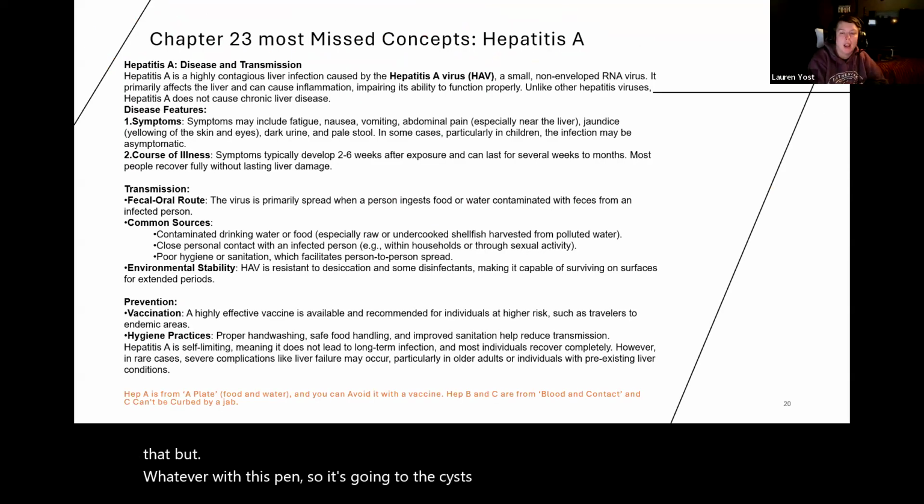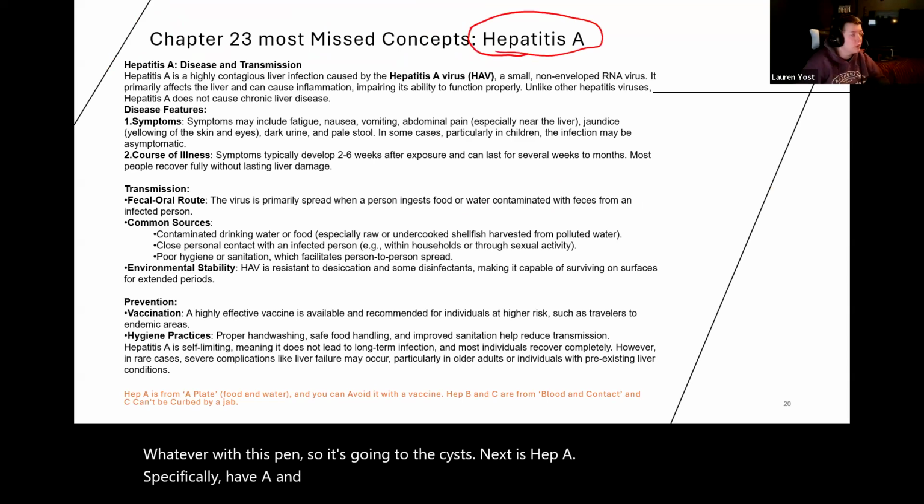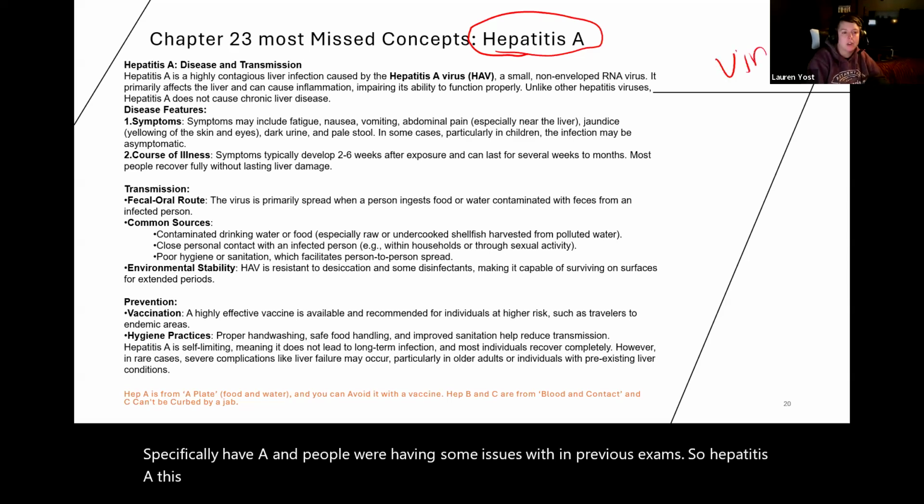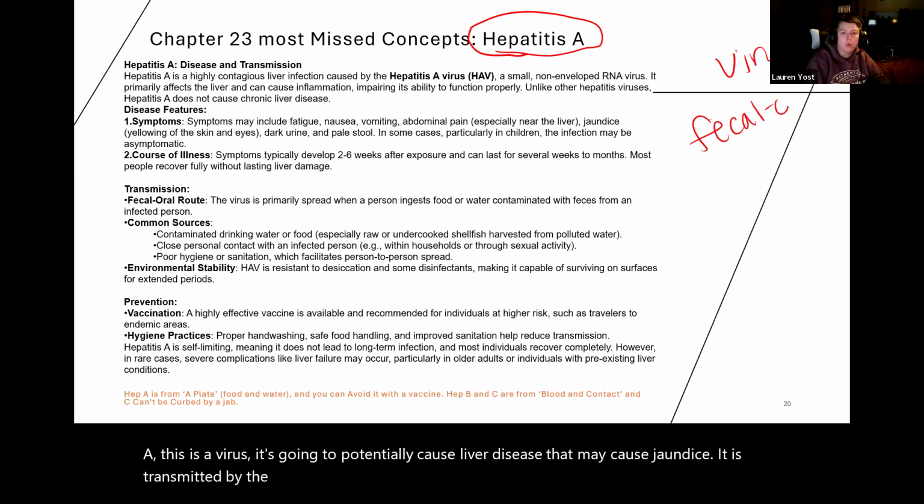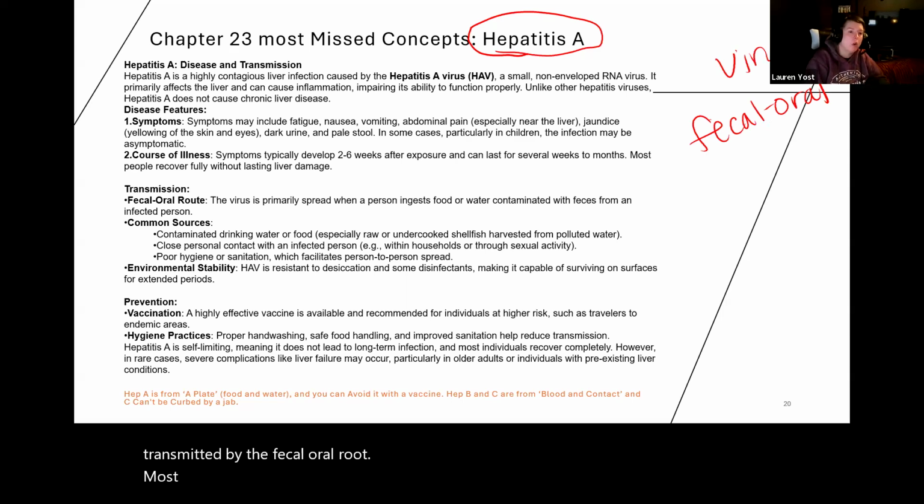Next is Hep A, specifically Hep A, which people were having some issues with on previous exams. So hepatitis A is a virus. It's going to potentially cause liver disease that may cause jaundice. It is transmitted by the fecal oral route. Most people have subclinical or minor signs or symptoms.